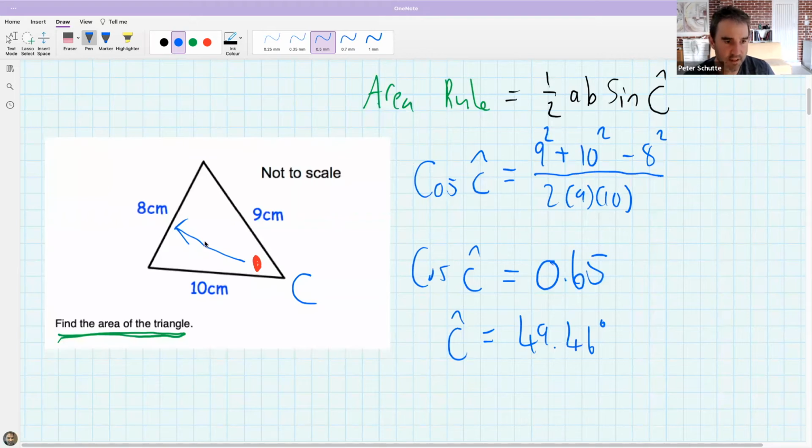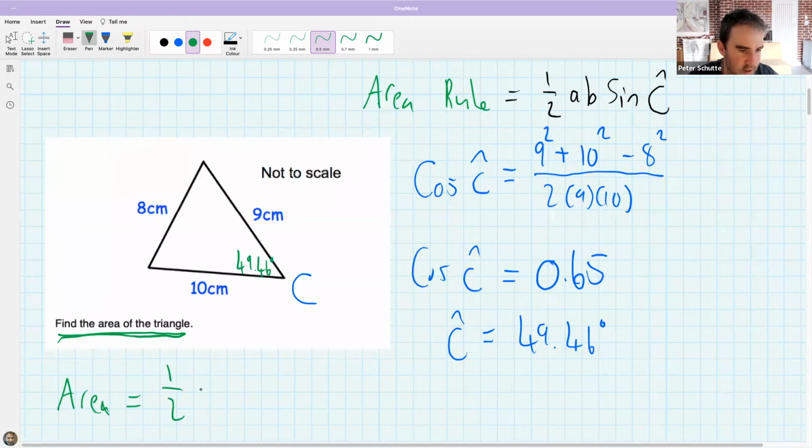What that means is we have found the size of this angle over here. It's 49.46 degrees. Now I want the rest of us to try and find the area of this triangle using the fact that you have two sides and an included angle. If you've got a question about that, now is a good time to raise your hand while students are working on this.